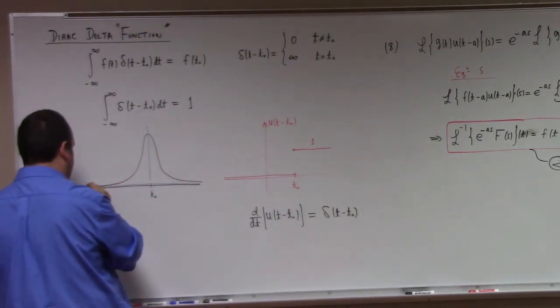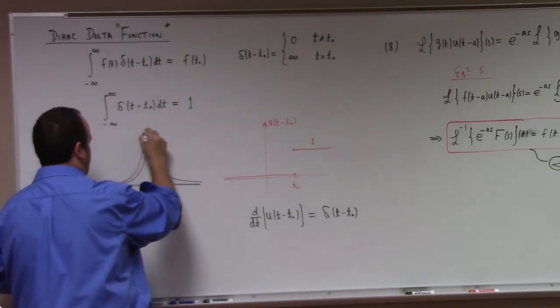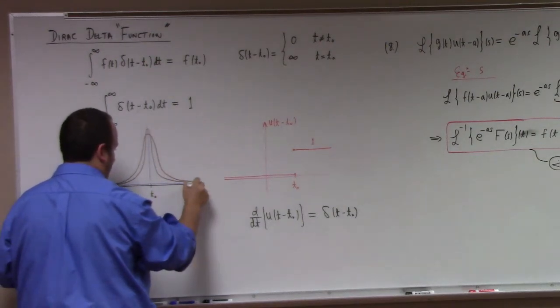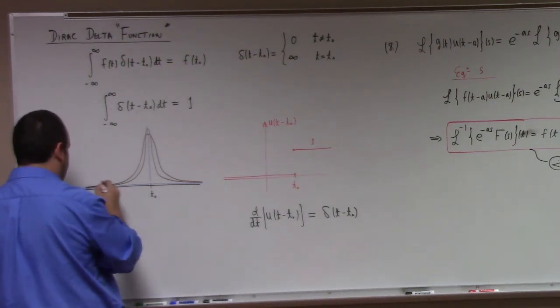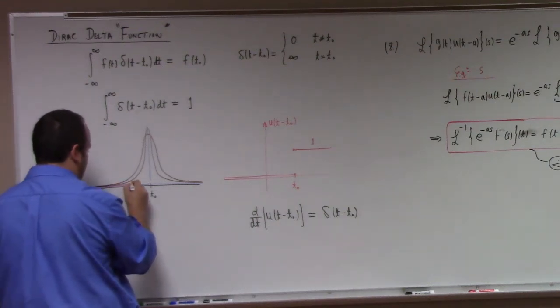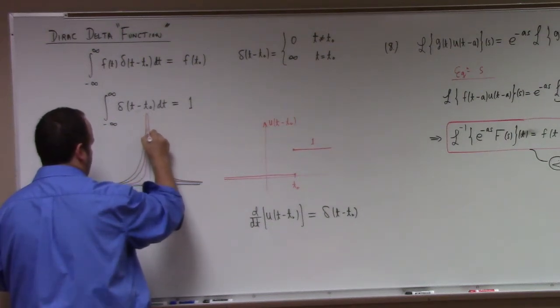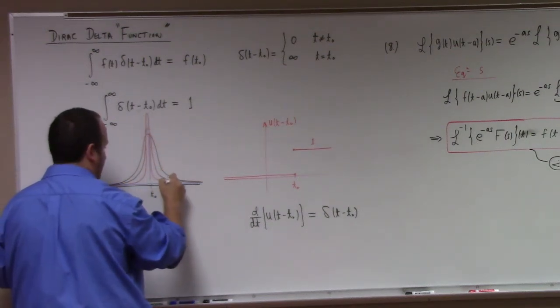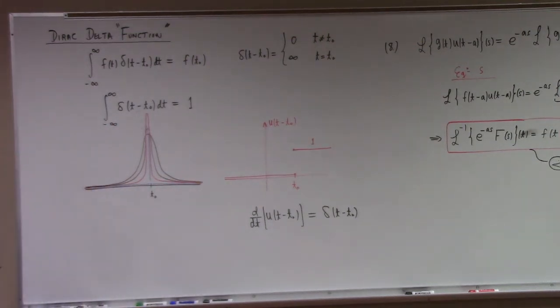And then maybe the next one is a little bit steeper, and maybe the next one is steeper still. And yet somehow these are all manufactured such that the area under this sequence of functions I'm drawing is always 1.